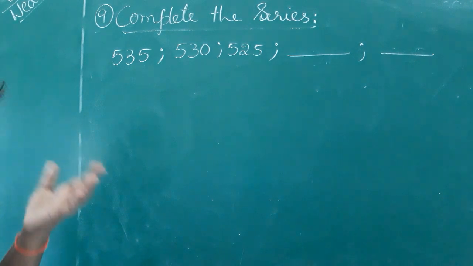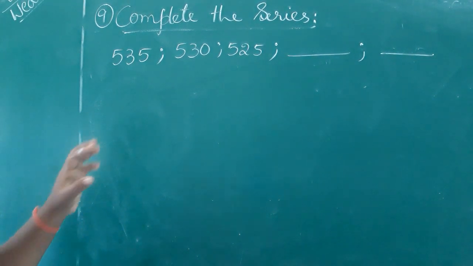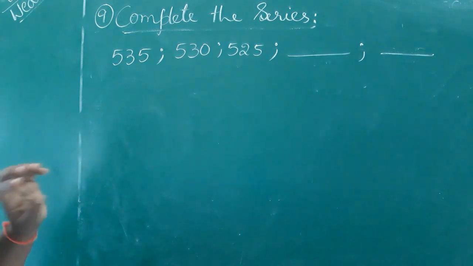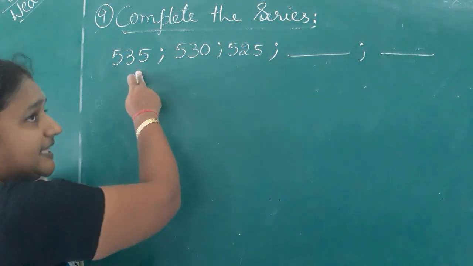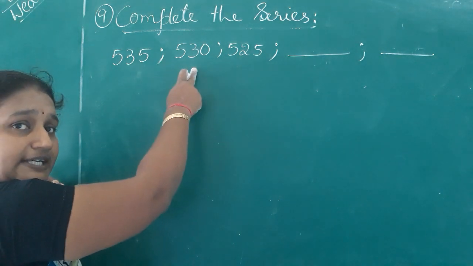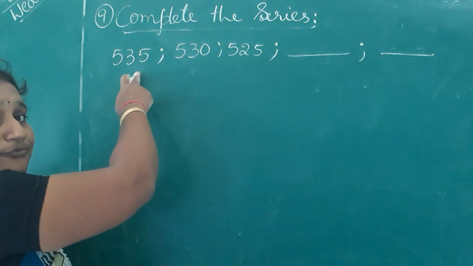So there may be patterns like this in a series. There may be some addition or subtraction of numbers in the relation. So the series is 535, 530, 525.